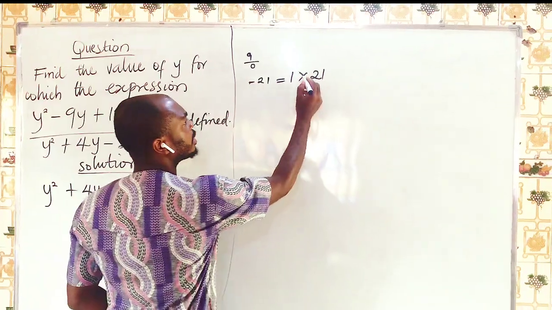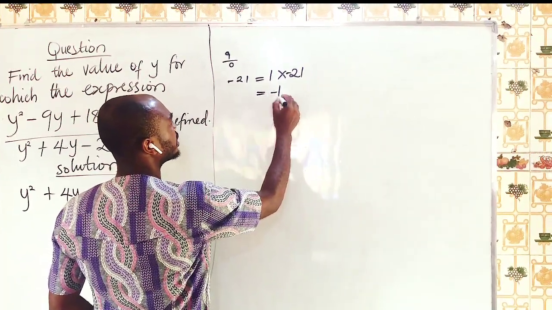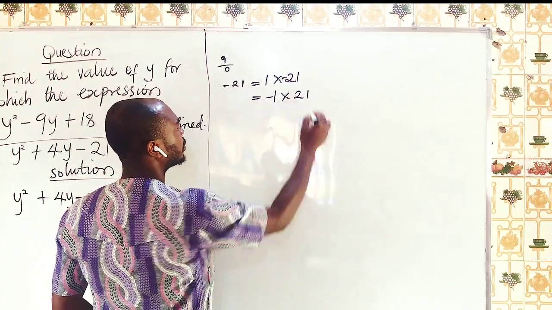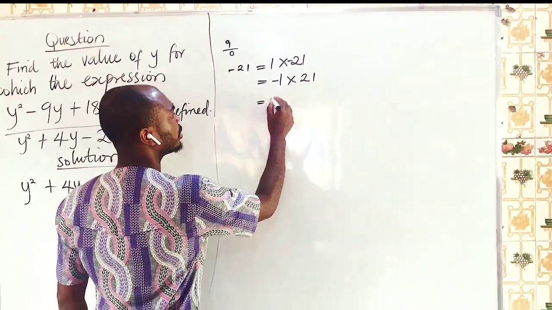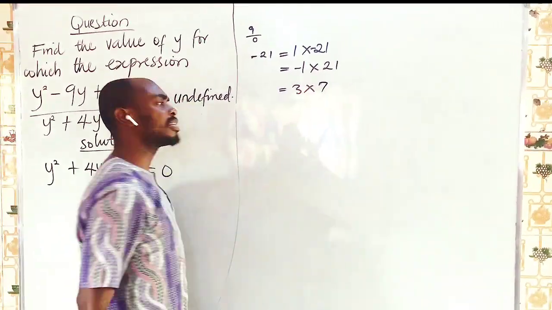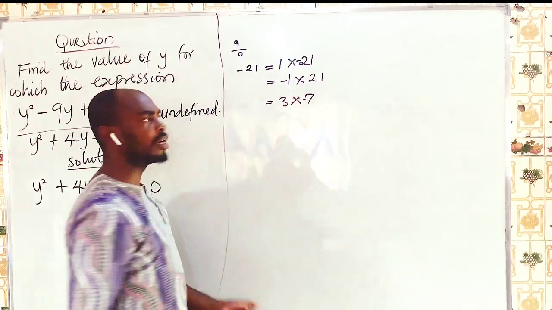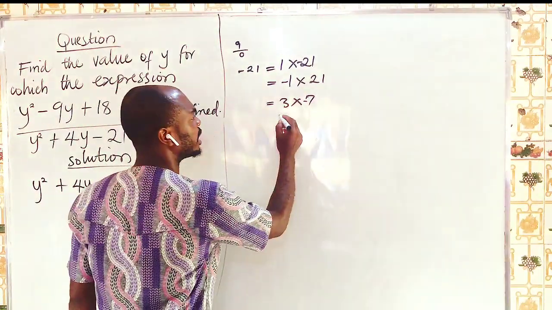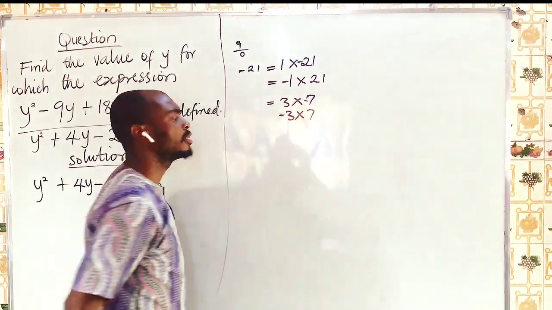So we use negative 21 and 1, or we use negative 1 and 21. We can also use 3 and 7. 3 times 7 is 21. Remember, one will be negative while one is positive. We can also use negative 3 and positive 7.